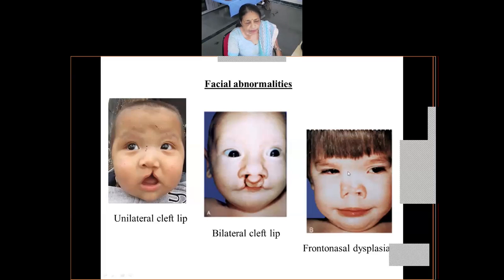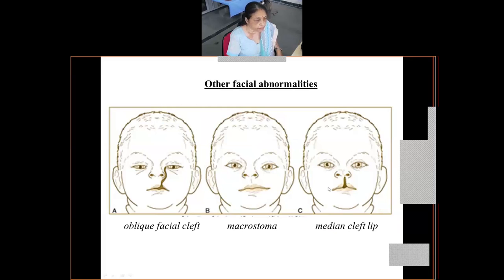The upper part of the nose, the root of the nose, will be formed from the frontonasal process. Also, if the lateral nasal process and the maxillary process do not meet each other, there will be a cleft in the region of the nasolacrimal groove, known as the oblique facial cleft.